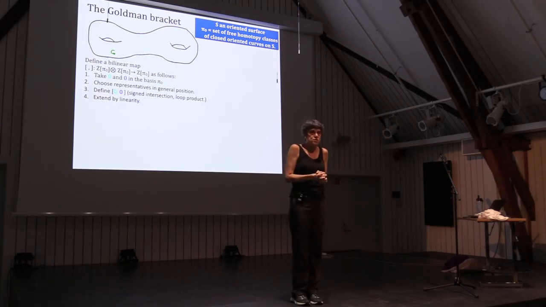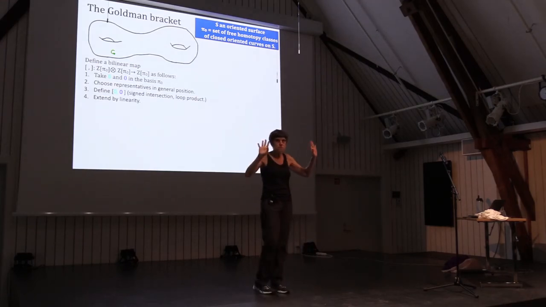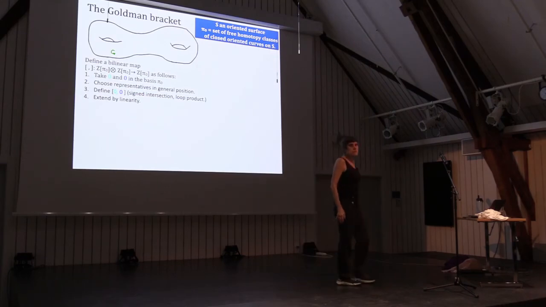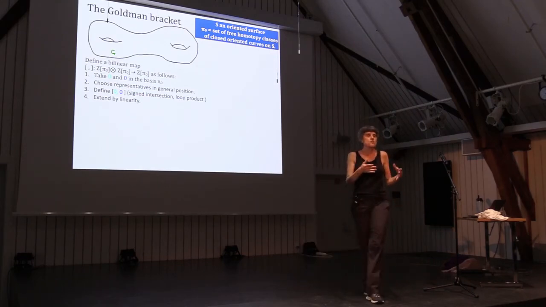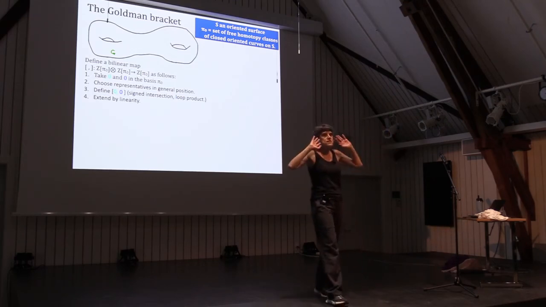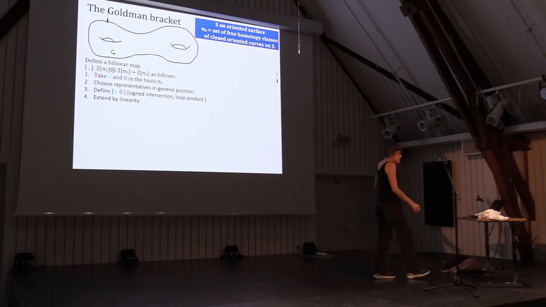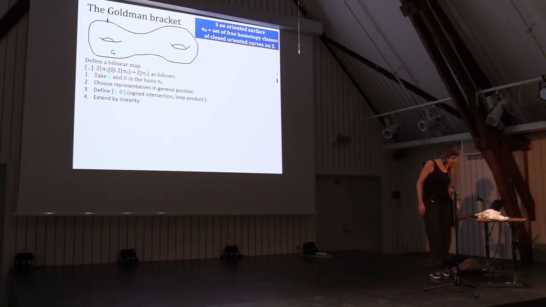The class is my object. I'm going to pick a representative in a second. What is the free? Free is as opposed to based homotopy class. When we say homotopy, people think, I'm in the fundamental group, and I want to take you out of that idea.